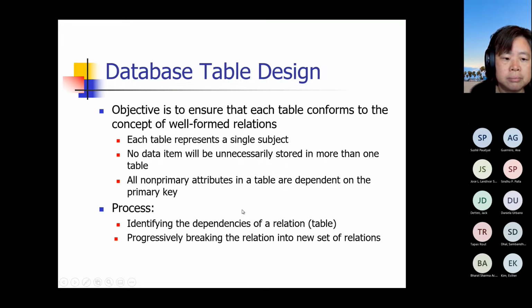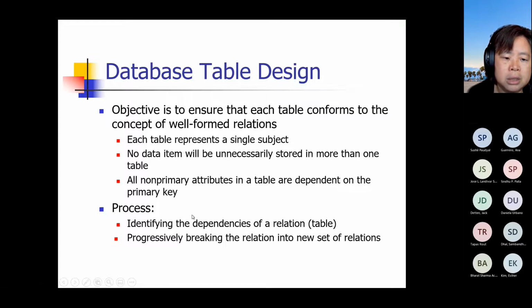Any question? So in summary, for a good database design, these are some criteria. We want to use each table to represent a single subject and only include related information in the same table. And we also want all non-primary attributes to be fully dependent on the primary key.